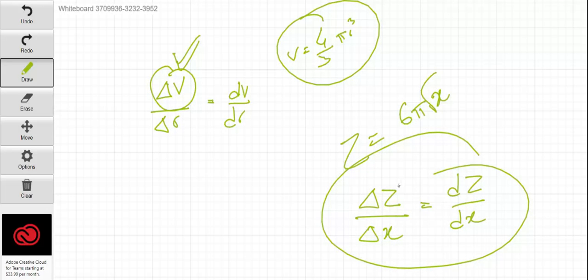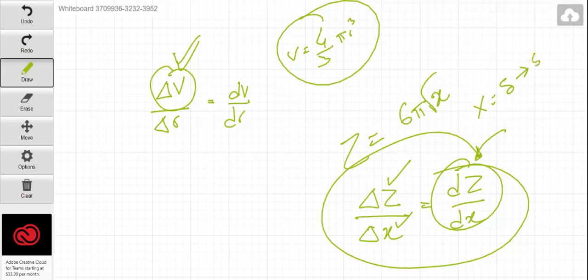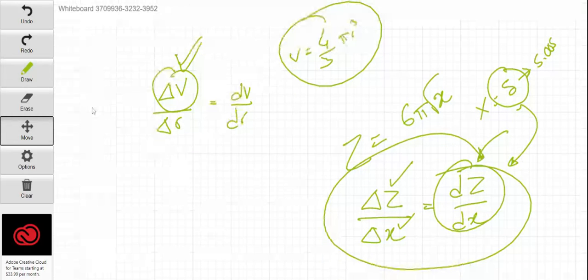Then depending on the question you may have to make this the subject, differentiation obviously has to be done, okay? And you obviously use old values if you want to find the value of the differentiation. If x changes from, let's say, 5 centimeters to 5.005, this is the old value of x you use, okay? Then you can find the changes.